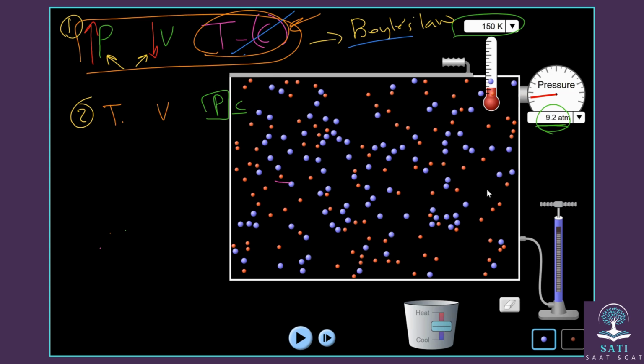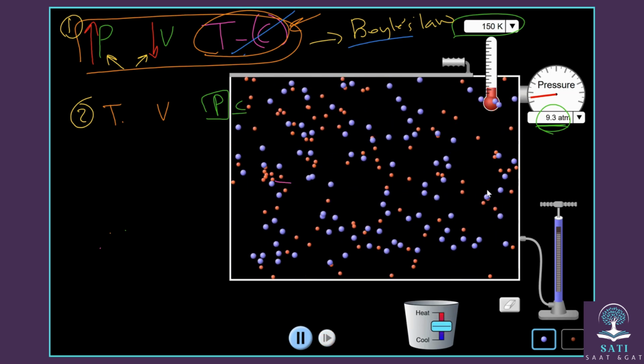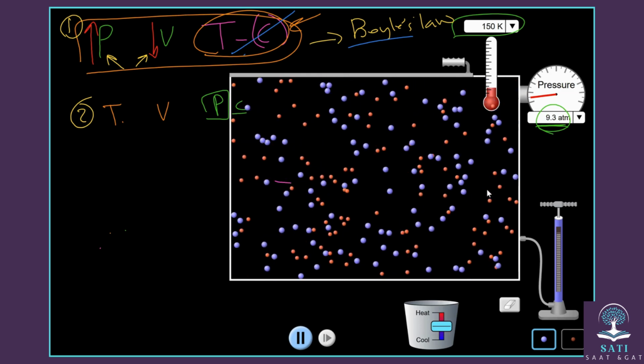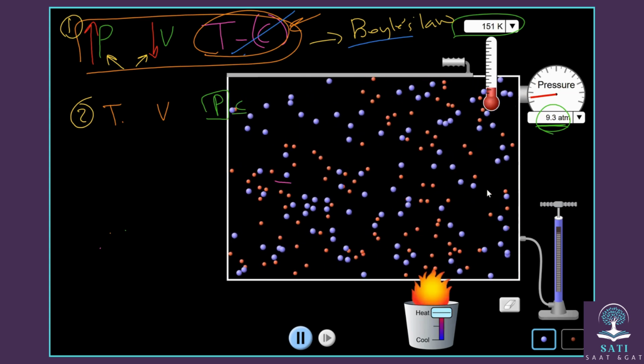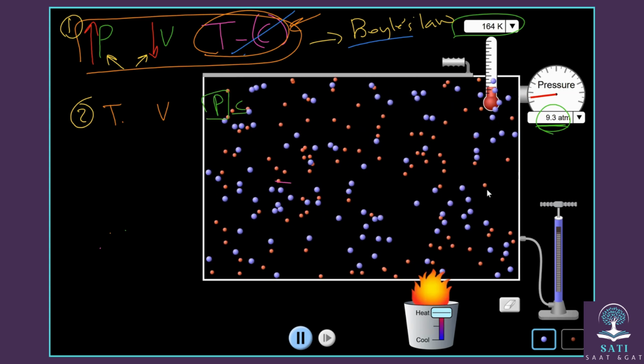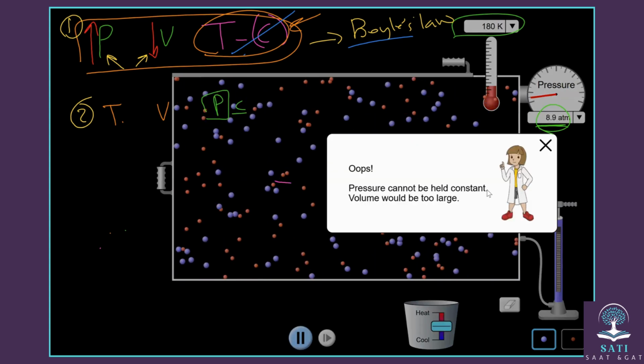Now we are studying the relationship between temperature and volume. If we increase the temperature, which is now 150 Kelvin, what will happen to the volume? What do you think? If we increase the temperature, that means we increase the heat of this container. As you see, these gases are in continuous movement.